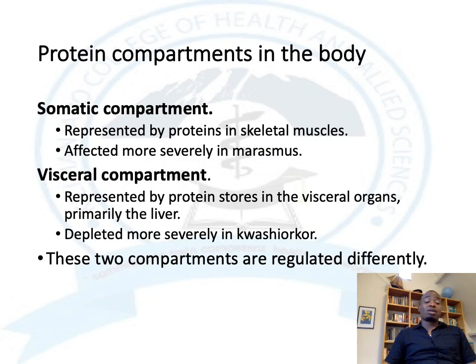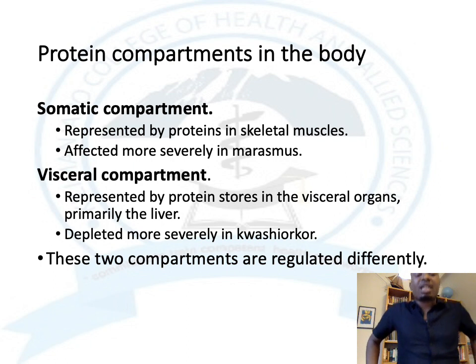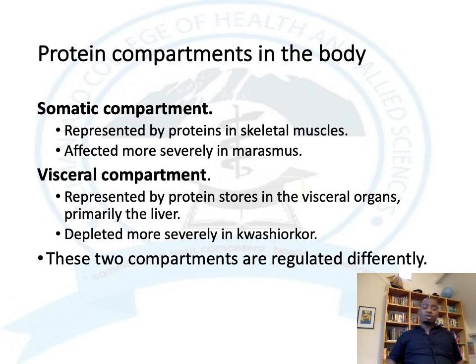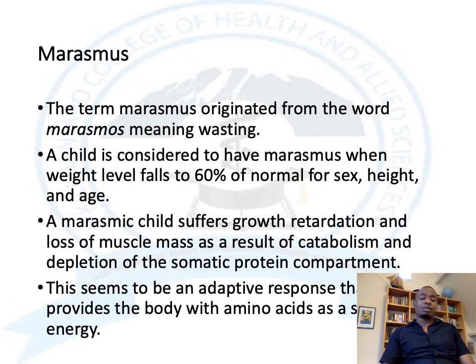The somatic compartment represents all skeletal muscles, the protein available in skeletal muscles, affecting more severely in marasmus. The visceral compartment is represented by protein stored in the visceral organs, primarily in the liver, and it is depleted more severely in kwashiorkor. These two compartments are regulated differently, and we will see it.